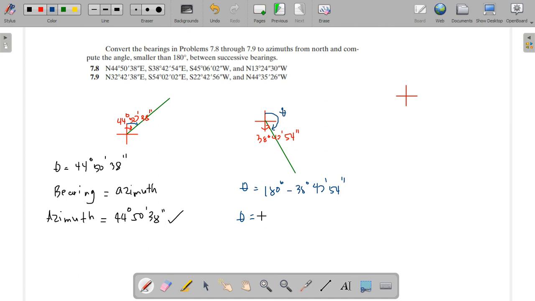And this is equal to 141 degrees, 17 minutes, and 06 seconds. So this is your azimuth. So azimuth is equals to 141 degrees, 17 minutes, 06 seconds. So wala tayong directions dito, no?